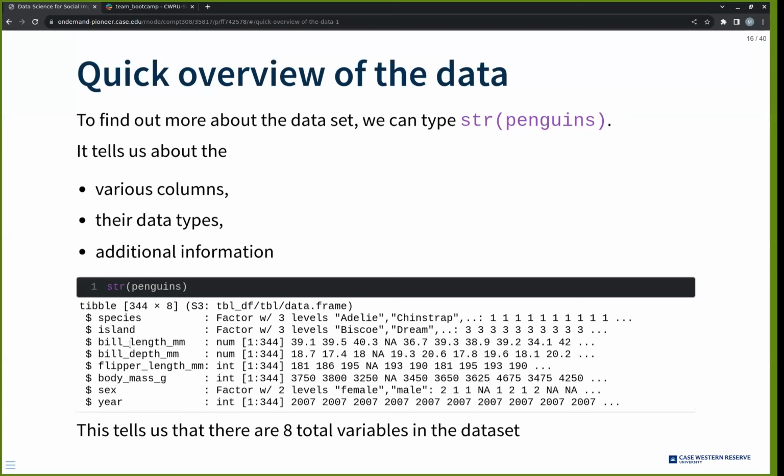And these are the column names: species, island, bill length, bill depth, flipper length, body mass, sex, and year. And it shows you their data types. So species is a factor, island is a factor, but you see body mass is an integer. So now we know that we have eight columns in our dataset, and some of them are factors, some of them are numbers, some of them are integers.